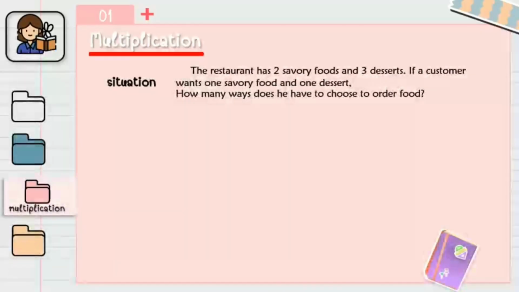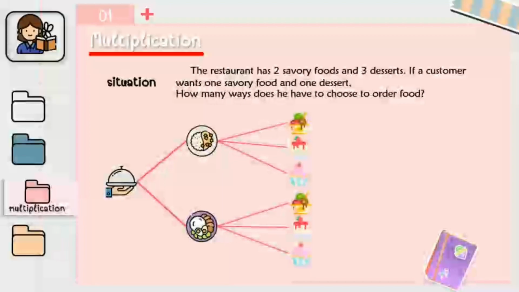If a customer wants 1 main dish and 1 dessert, how many ways does he have to order food? One way to find that answer is to draw it out. We will get a picture like this.